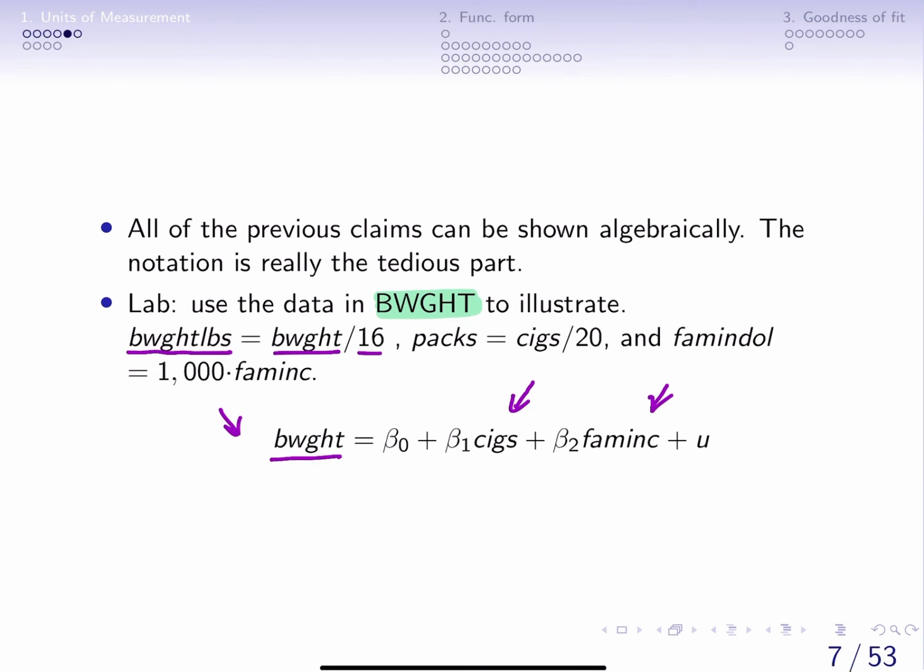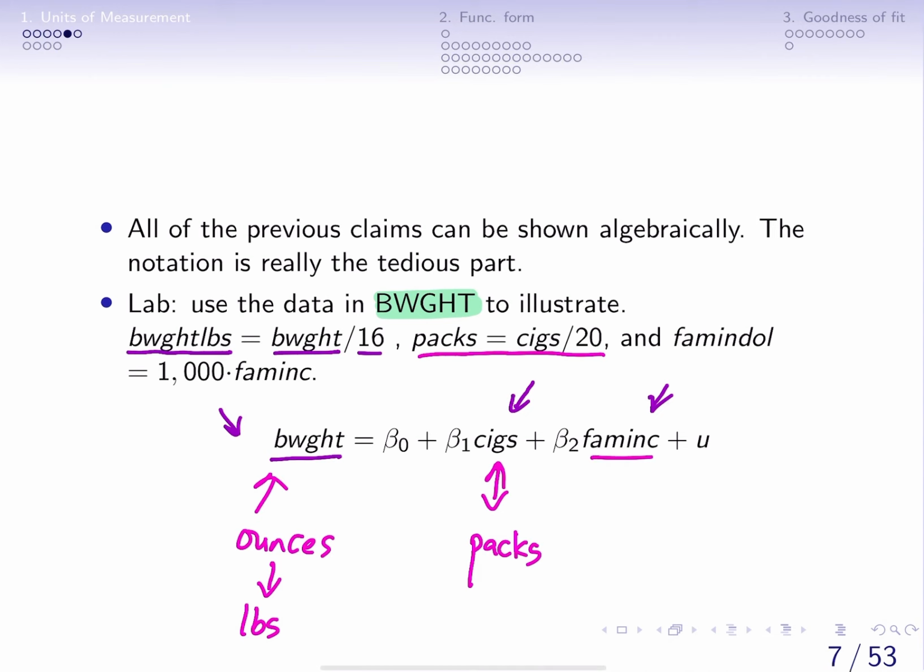Okay, so here we can keep changing something about Y, whether we are changing the units of Y. So if earlier we were measuring this in ounces, now we are measuring it in pounds. Or if we were measuring number of cigarettes before, we can also convert this into packs, right? So if one pack has 20 cigarettes, then we can do some sort of analysis with this type of operation.